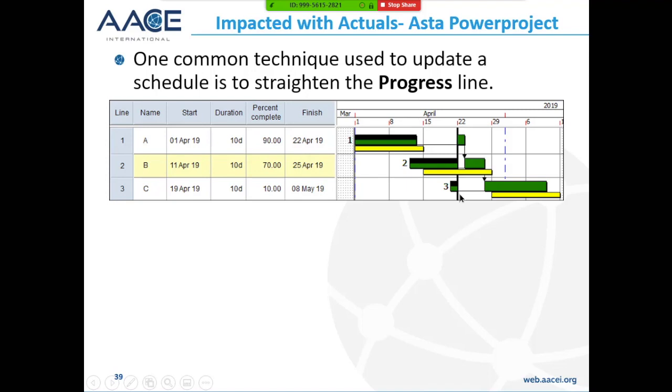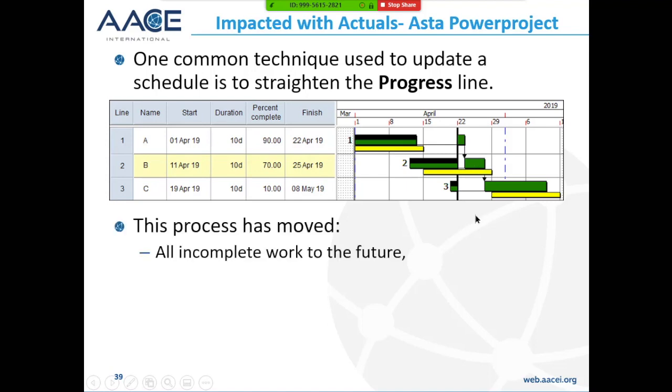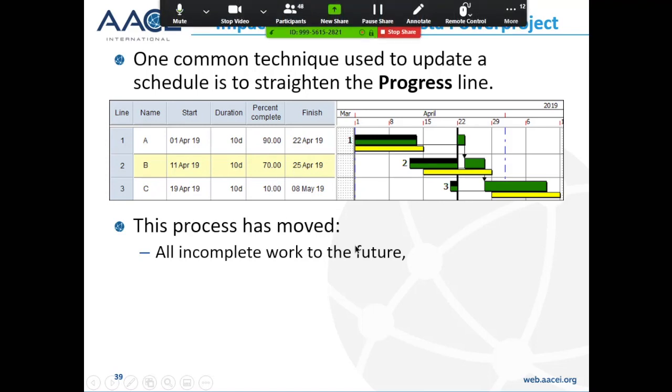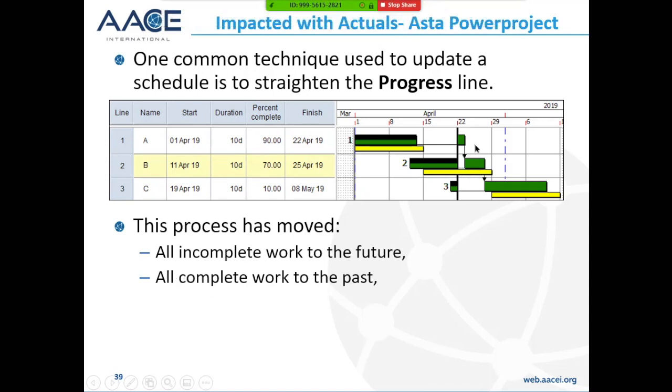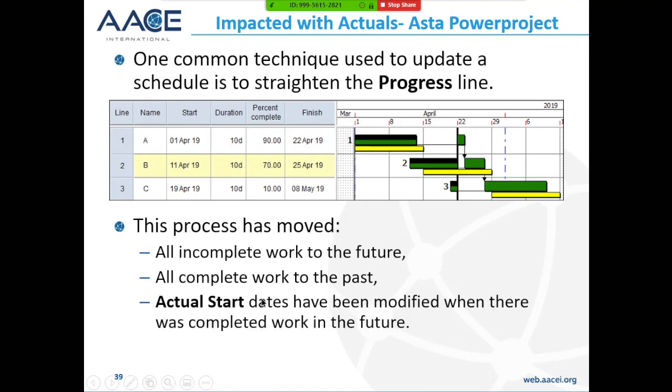It's one of the methods of updating a schedule in ASTA, and it will split the activities, and you can use retained logic, or you can use progress override. You will find when you straighten the progress line, it will put all incomplete work in the future, but also any complete work that you happen to put in the future, it will push back again as well. Actual start dates do get modified, which some people don't like, when there was complete work in the future.